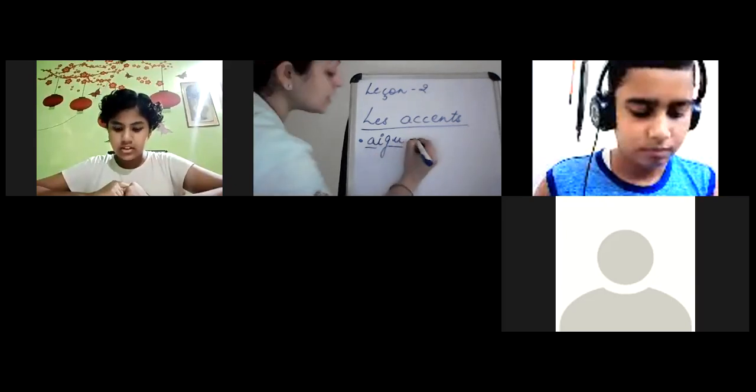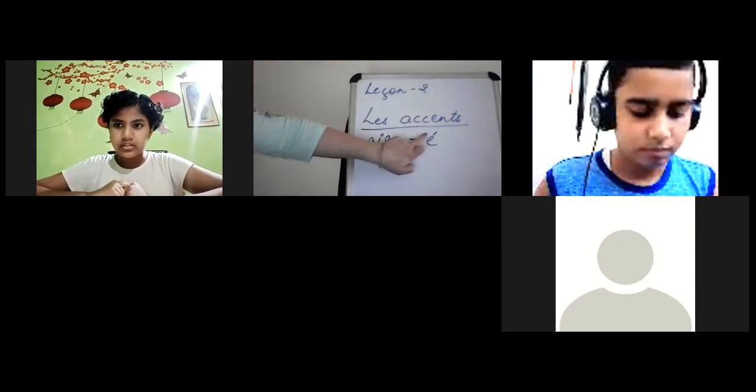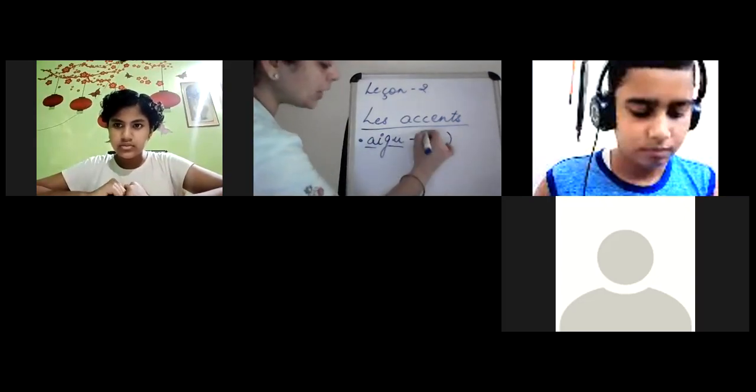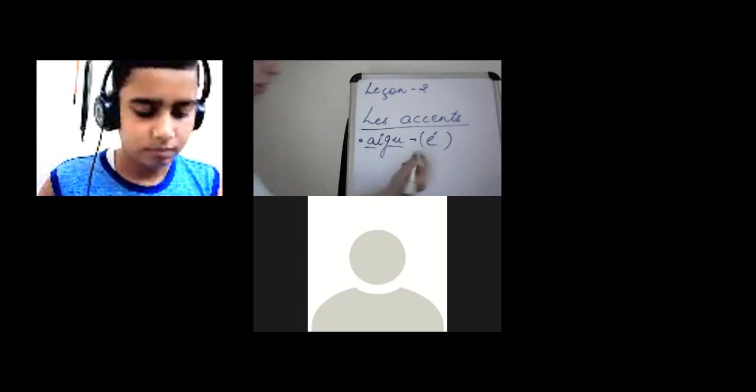Accent aigu is placed on letter E with this symbol. It only comes on letter E. And what is its role? Wherever it is placed on letter E, what sound do we give to that particular word?